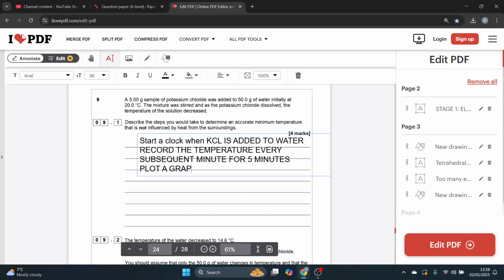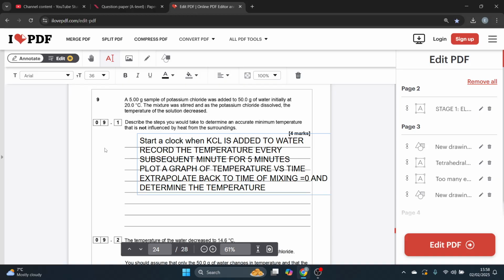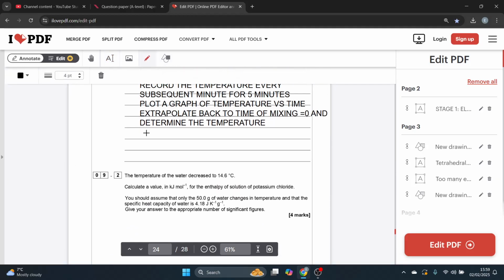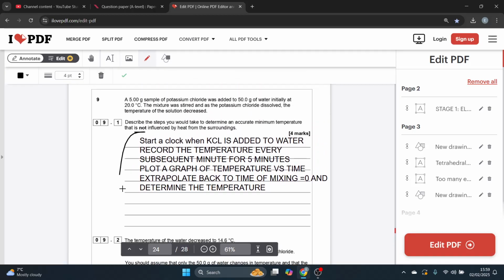Plot a graph of temperature versus time. Extrapolate back to time of mixing equals 0 and determine the temperature. You either know it or you don't. It's practical skills. You need to memorize these off by heart. What you have to do.